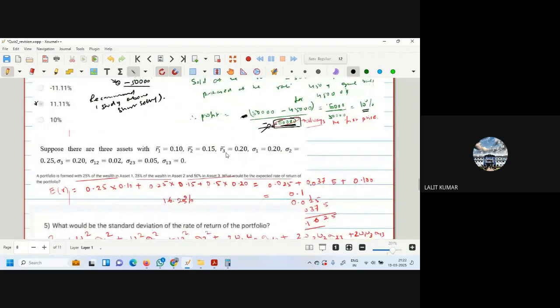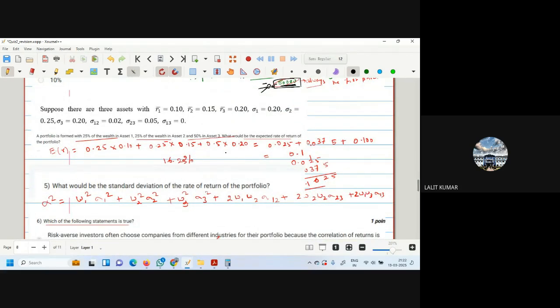Okay, now we come to the next question. Suppose there are three assets. These are the rates of return, these are the standard deviations, and they have also given the covariance of all three. First, a portfolio is formed with weights of 25% of the wealth in asset one, 25% in asset two, and 50% in asset three.